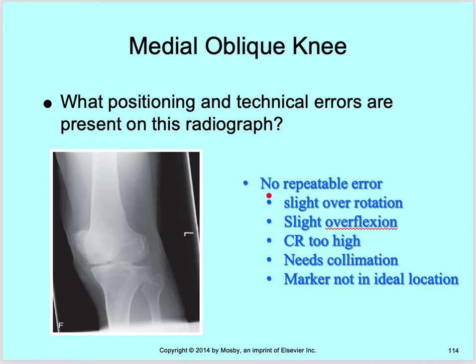But technically there are no repeatable errors because everything is visualized. You could have just made the image better by watching the rotation, watching the flexion, and then definitely your central ray is too high. So make sure it's at that apex, a half-inch below the apex of that patella.